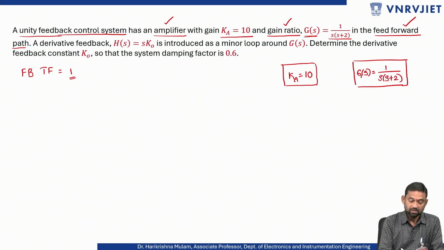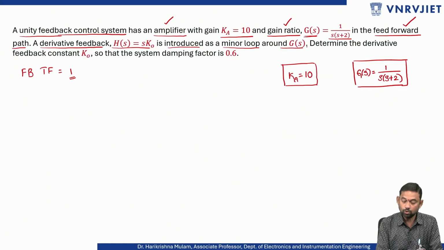After that, it is said in the problem statement that a derivative feedback H of S is equal to S K naught is introduced as a minor loop around G of S. So, as per this statement, there is a feedback only around G of S and it is equal to S K naught.